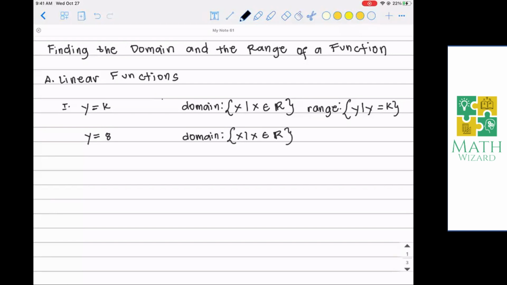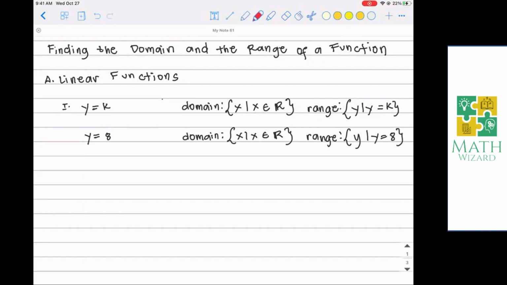Ayan. And how about the range? Sabi sa formula natin, y is equal to k. So therefore, ang ating magiging range, that is y, such that y is equal to 8. Bakit yung range natin y is equal to 8?